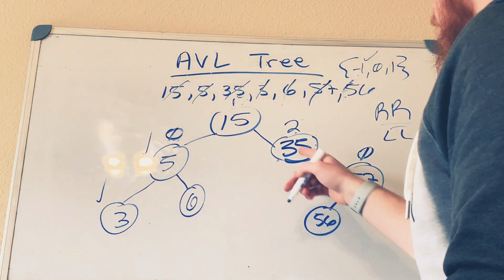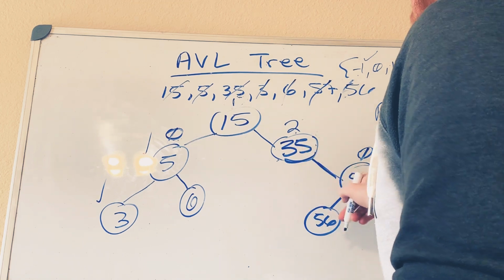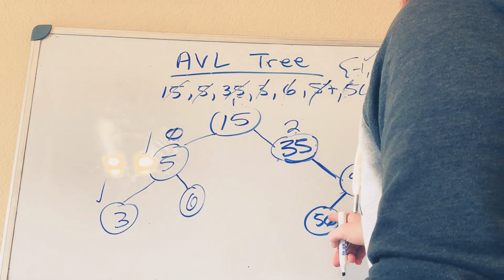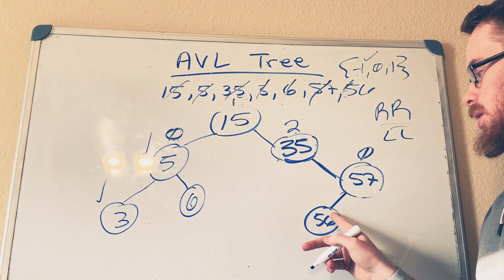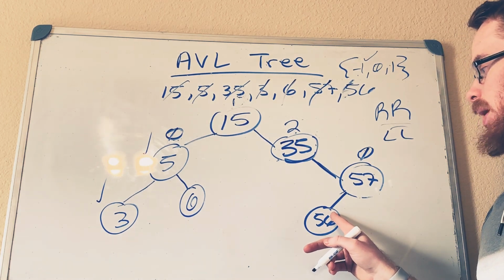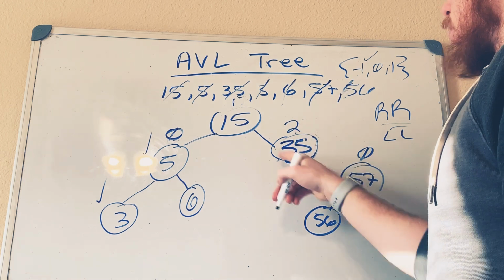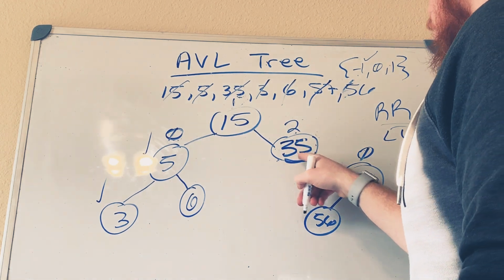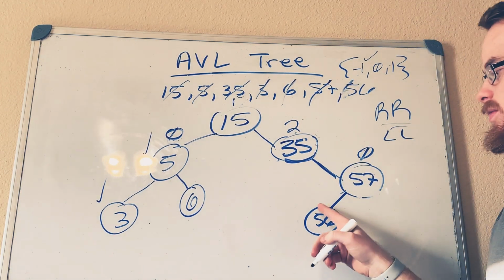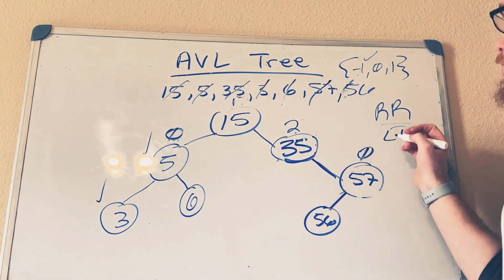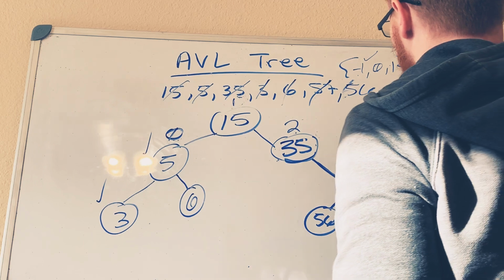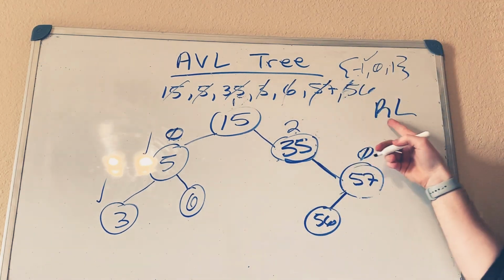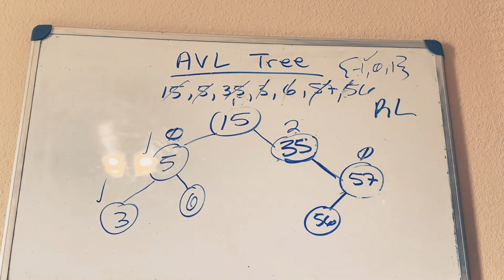And you can also think of it as we inserted to the right of this node and to the left of this node, and that's what caused the unbalance. From the node that's unbalanced, we went to the right and then to the left, and it caused an unbalance. So we're going to use the right-left. So sorry guys, we'll fix this though. We'll still learn. So right-left rotation.